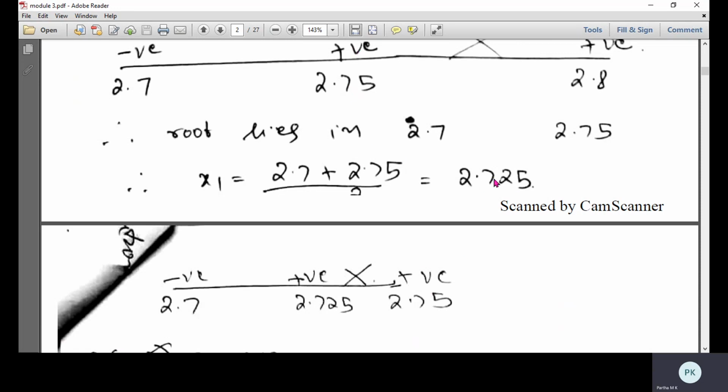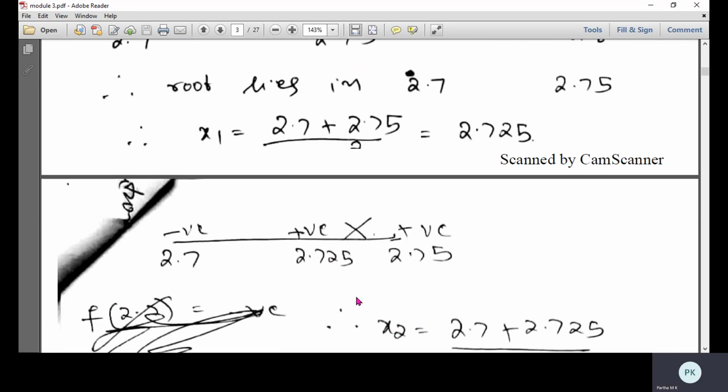Next 2.725 we have calculated, the middle value. You take the function value f of 2.725. Put x is equal to 2.725 in the function. You are getting positive. So here positive, here also positive. So therefore no root between 2.725 and 2.75. So root lies between 2.7 and 2.725.